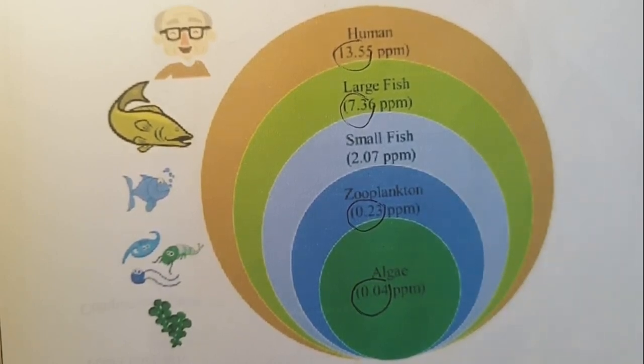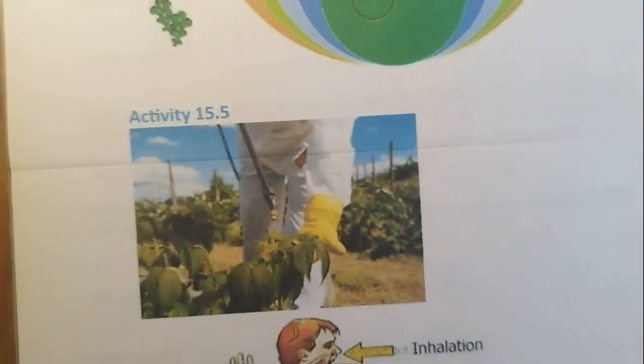Okay, so your book wants us to go through another activity, and let's go through that now. They want you to go through newspaper reports about pesticide levels in ready-made food items, which are often seen these days.